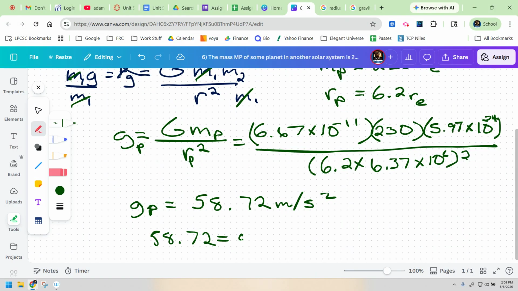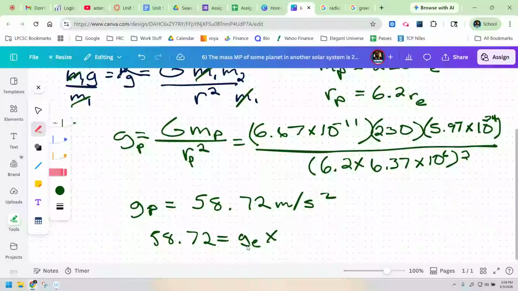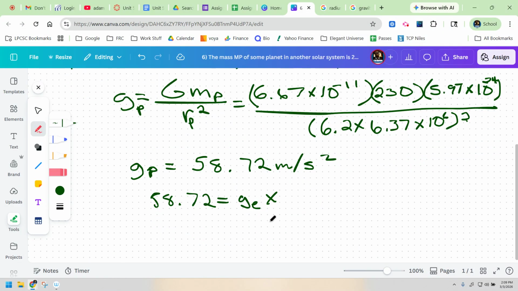So we would just say GE times some value X. But what is GE? It's 9.8. And remember, GE is the acceleration due to gravity on Earth, which is 9.8. So we'd say 9.8 times X.